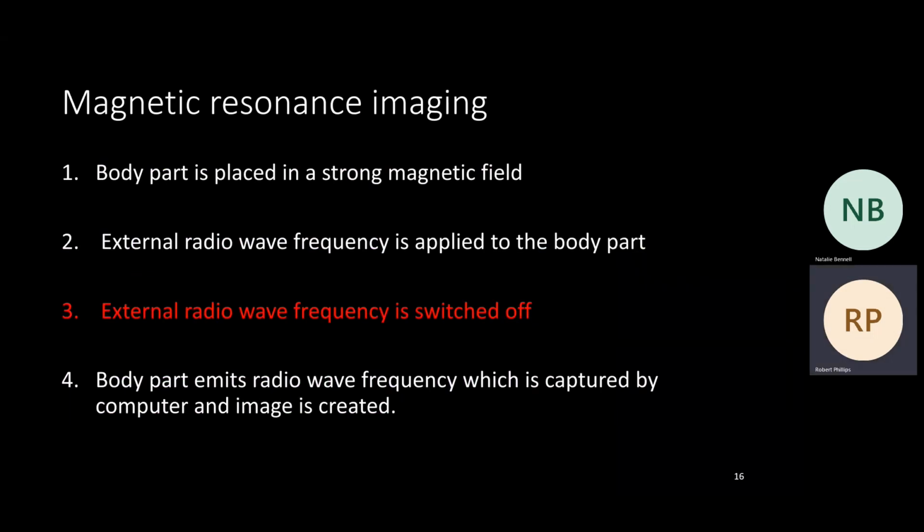And the third stage is the external radio wave frequency is switched off now. When you give radio wave frequency, the proton absorbs that energy, and when we switch it off, the proton exerts that energy in the form of radio wave frequency again.